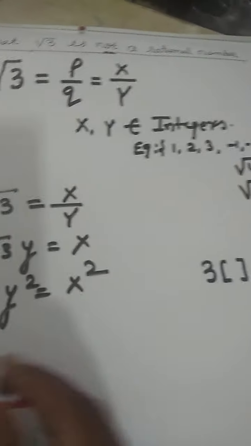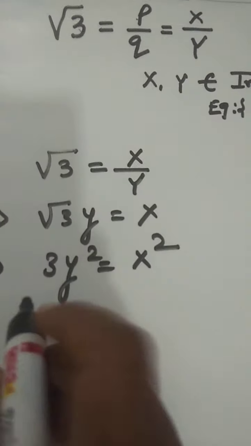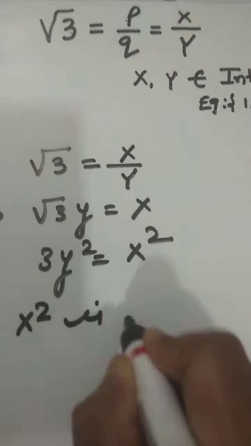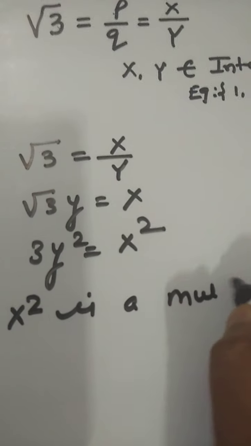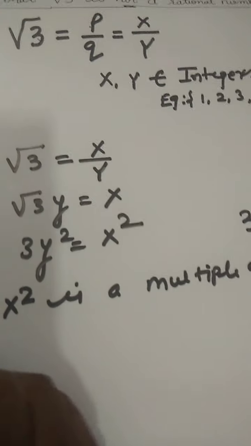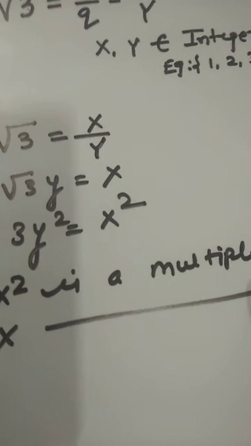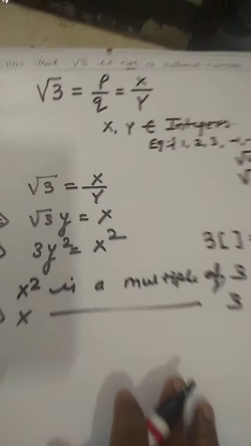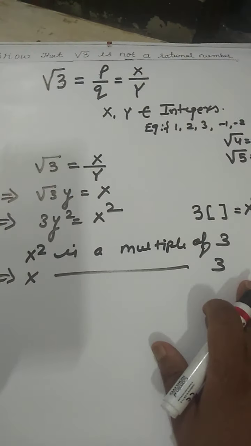So we can say X square is a multiple of 3. This implies X is a multiple of 3.